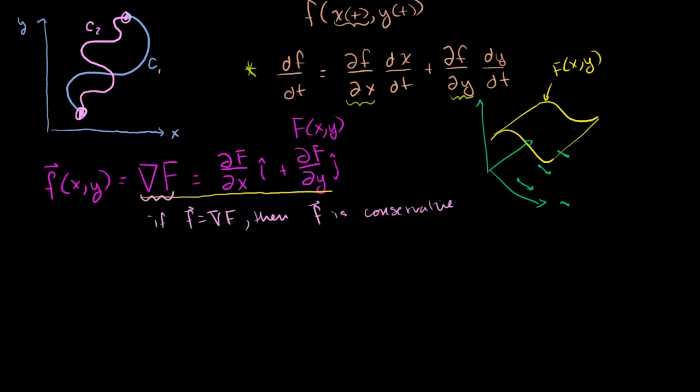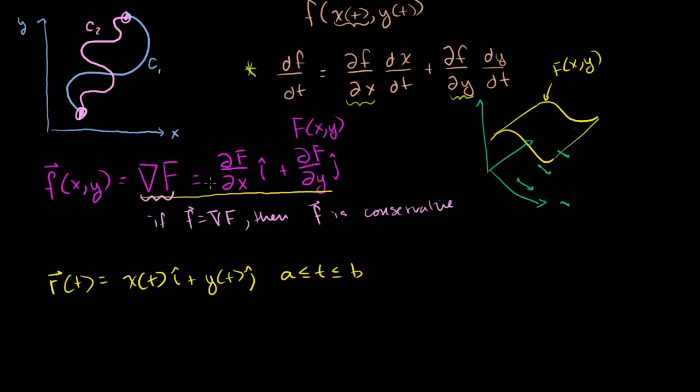Our position vector function, we always need one of those to do a vector line integral. r of t is going to be equal to x of t times i plus y of t times j, for t going between a and b. We've seen this multiple times. This is just a very general definition of pretty much any path in 2 dimensions.